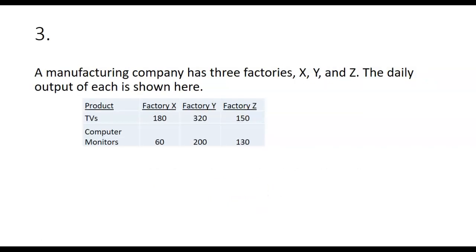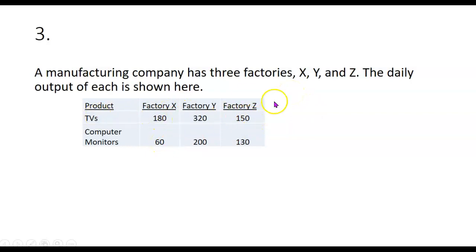Number 3. A manufacturing company has 3 factories, X, Y, and Z. The daily output of each is shown here. Notice that each factory makes both TVs and computer monitors. So for example, Factory X makes 180 TVs a day and 60 monitors in a day.